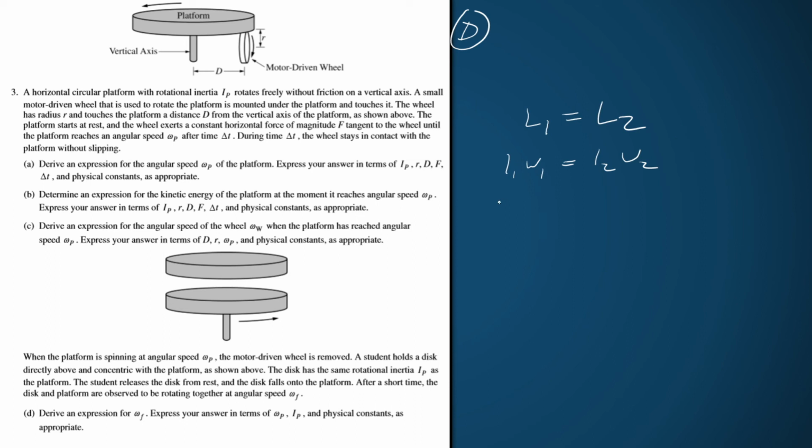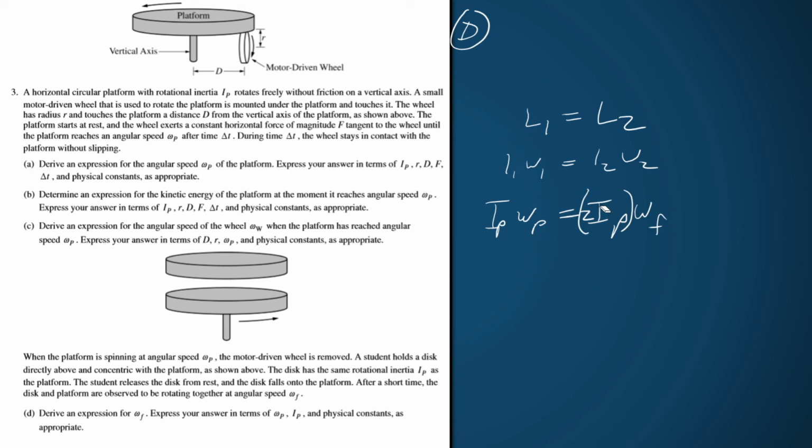So that's our inertia of the platform times our angular velocity will equal the inertia of the platform again, since we know that was the same, times the angular velocity of the final disk. But we're going to have double that inertia because we'll have both disks together at the end.